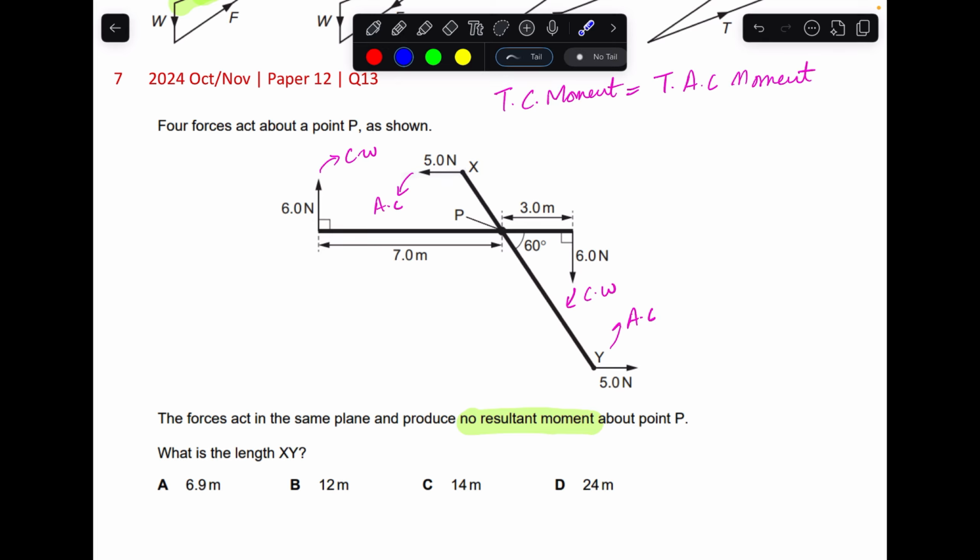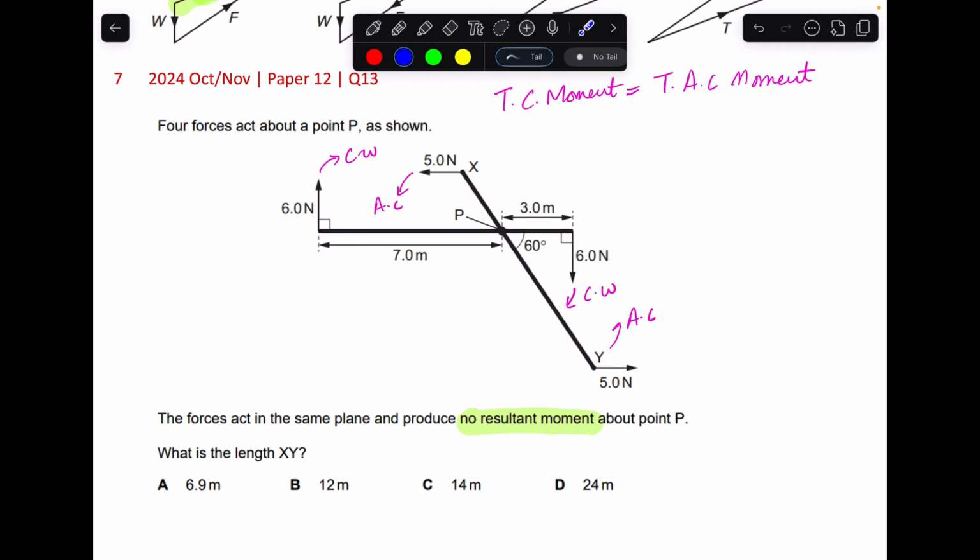I can resolve this distance or I can resolve this force. So if I'm considering this force, I have to look at the line of action of the force and draw an imaginary line parallel to the line of action of the force passing through the pivot point. So these are the two lines. What distance do we need? We need this distance. This distance will be multiplied by 5 to give you the moment of this force.